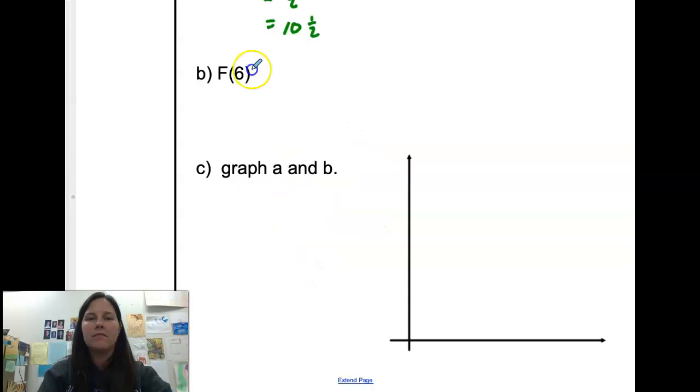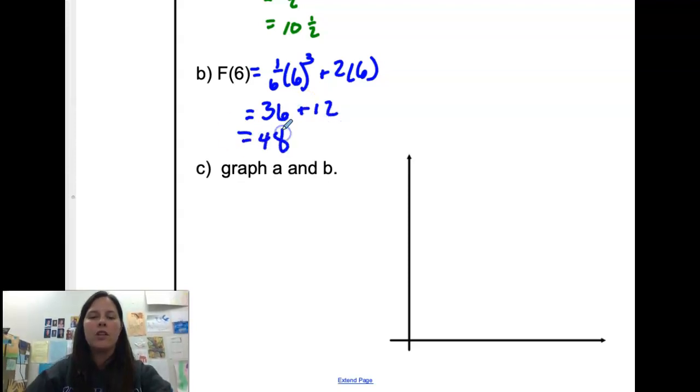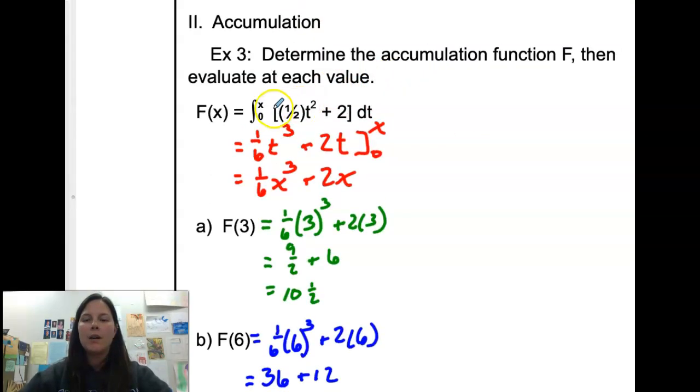F of 6, same thing, subbing 6 in for all of those x values. 6 cubed divided by 6 is really 6 squared, so we have 36 plus 12, which gives us a value of 48. And the last piece is we're being asked to sketch the graph of those accumulations. As a reminder, we are accumulating amount under the curve before we integrate.